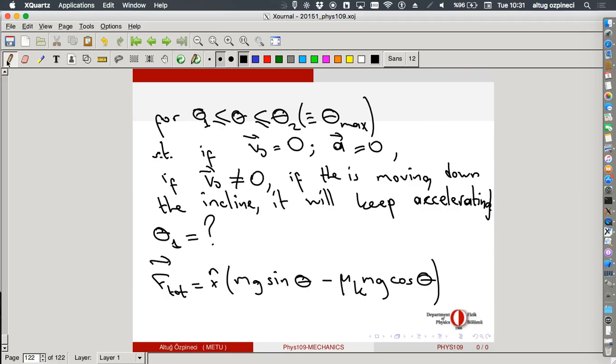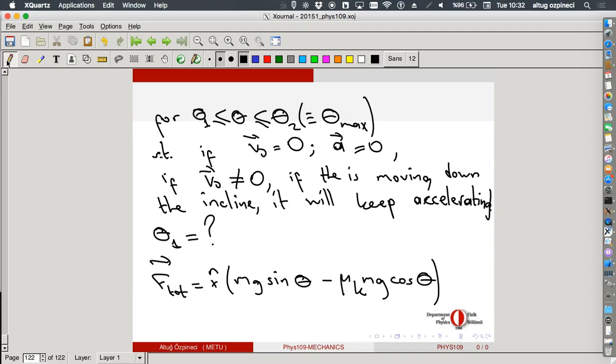There will be zero net force, because the components of the force along the incline balance each other. There won't be any acceleration. But if I reduce the angle theta even further, the friction force gets even larger, and the component of the weight along the incline gets smaller.